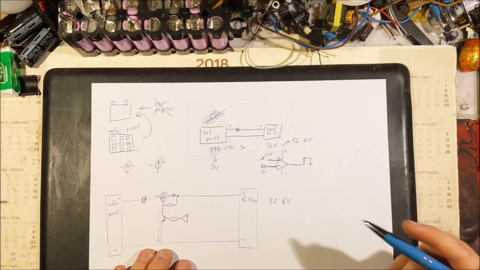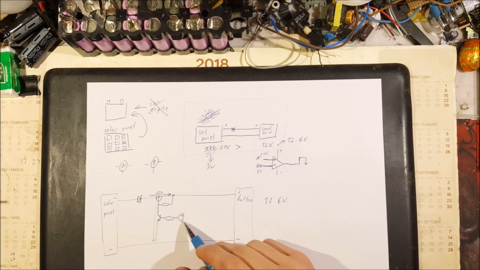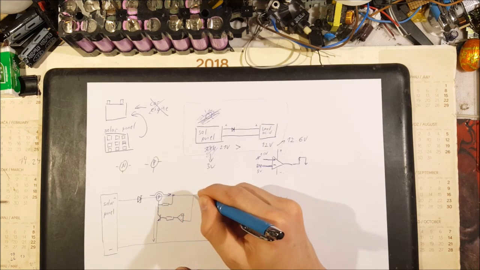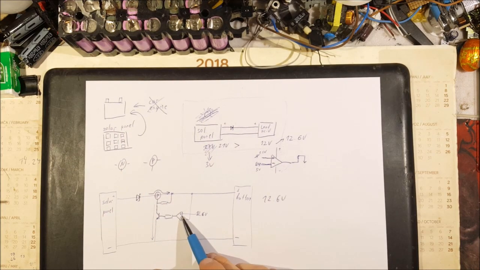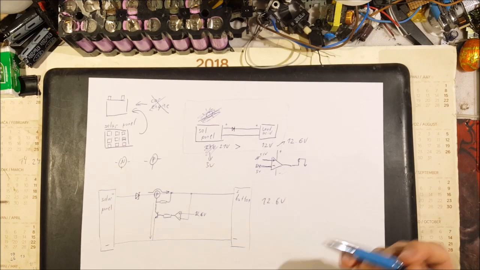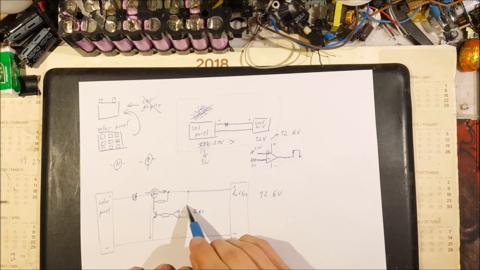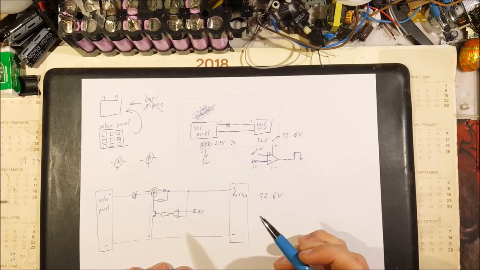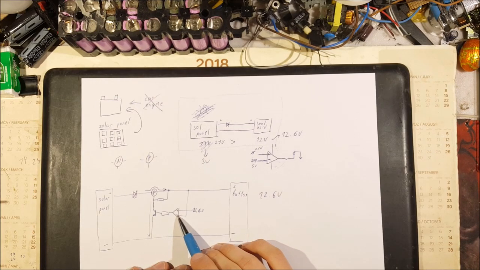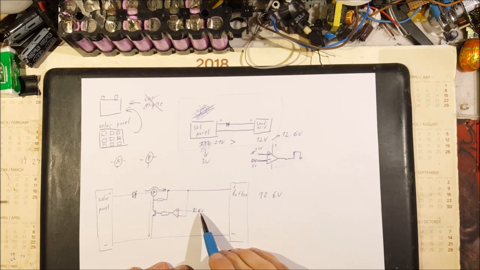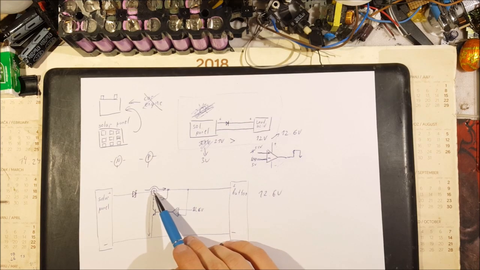So the logical answer after seeing this would be, oh, okay, so if we connect the negative input of the op-amp directly to the plus of the battery, and we give it 12.6 volts on the positive of our comparator, now we created a very simple logic saying that as long as this wire right here, which is connected straight to the battery, meaning that as long as the voltage on the battery is lower than our 12.6 volts reference, the output of the chip will be high, turning this little MOSFET on.